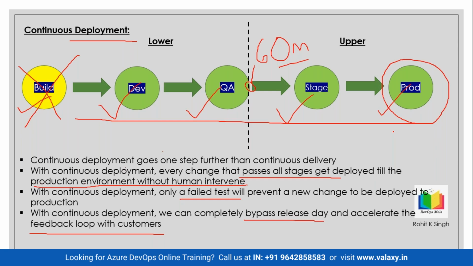Suppose everything got successful but you see there is something weird, then you can go and cancel your build, cancel your release. Basically, you can manually cancel if you have found something, but if you don't manually cancel, it will get deployed till production. So you can manually cancel it and abandon the release then and there. Or else you can have conditions in your automated testing itself that if you found something weird, then cancel the pipeline automatically.